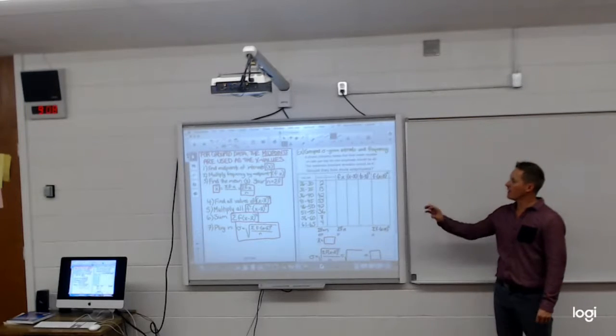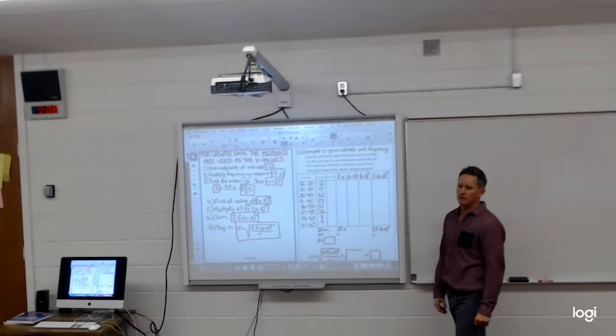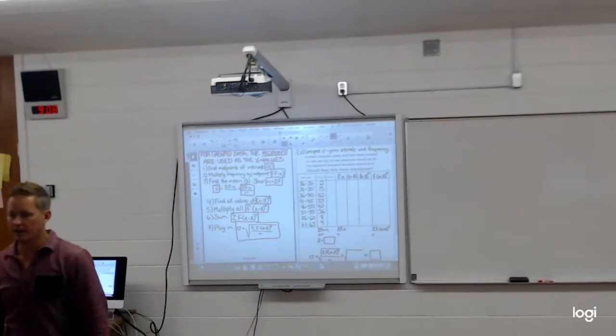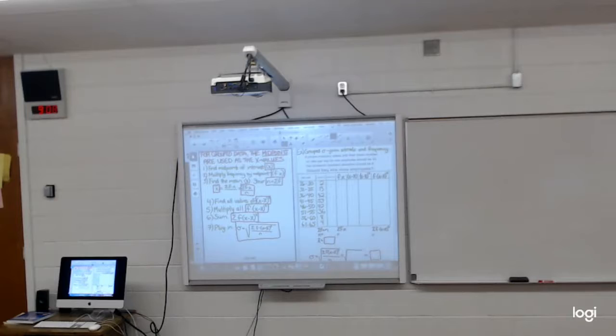Again, you're going to need this on your formula sheet, on your cheat sheet. If you don't put it on your cheat sheet, you're not going to be able to do this question, which will be worth quite a few marks because of the amount of work.